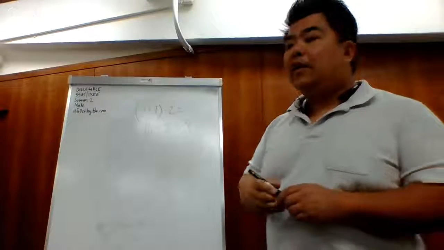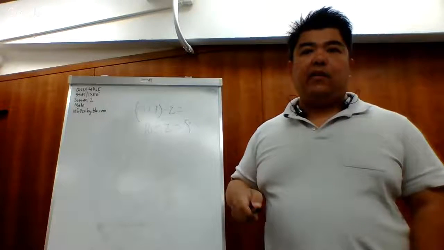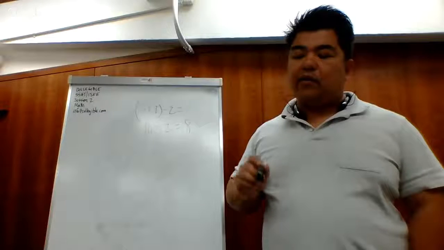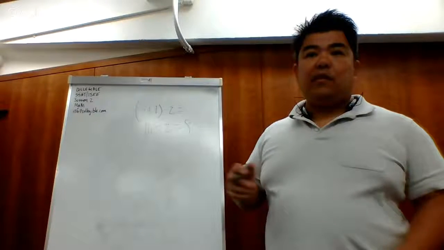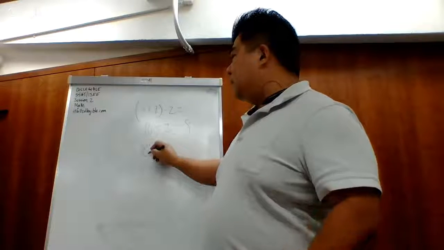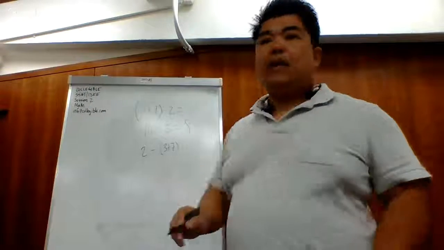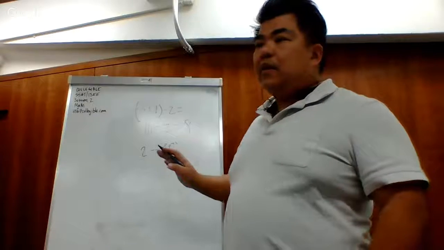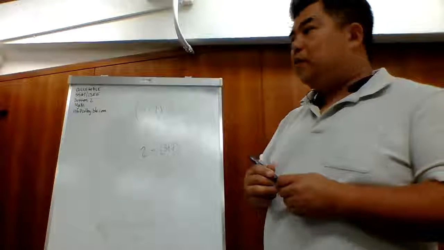The bottom line here is that the language in this sentence is tricky. How many of you looked at this and thought 2 minus the quantity of 3 plus 7? Some people mistakenly think it's 2 minus 3 plus 7. That's not correct. Even though it says 2 less, a lot of people think that means 2 minus.